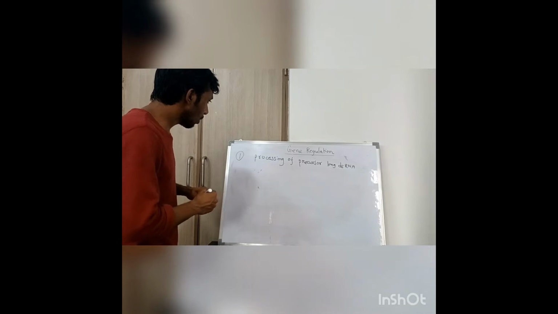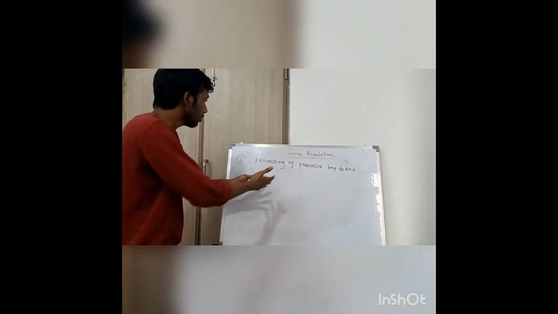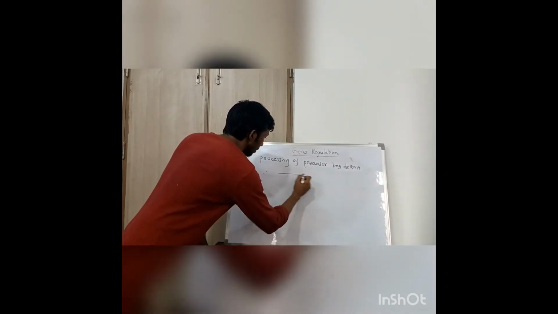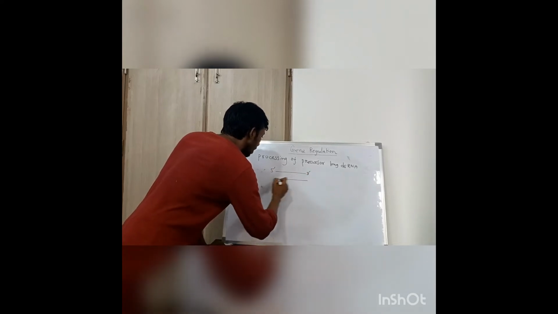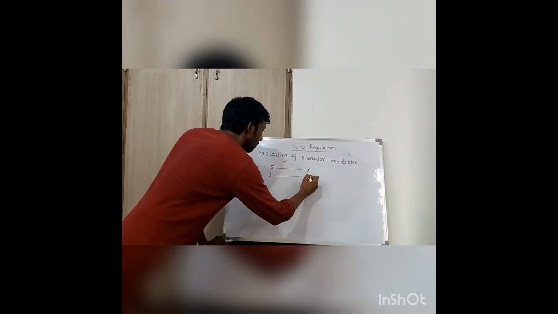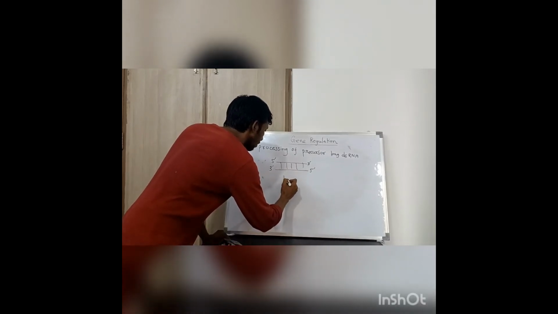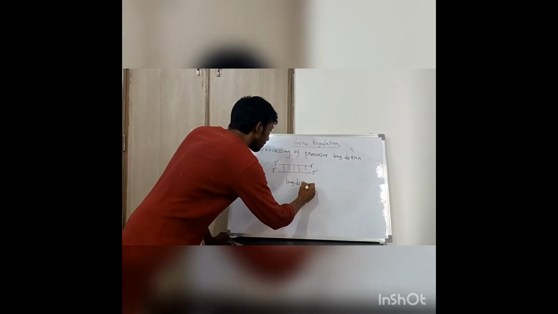Now we will schematically show how this processing will happen. Suppose this is a double-stranded RNA which has 5 prime, 3 prime, 3 prime, 5 prime. This is long double-stranded RNA.